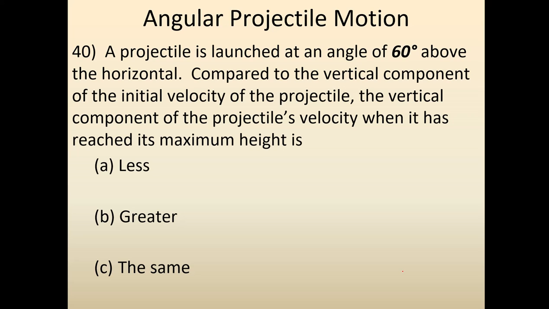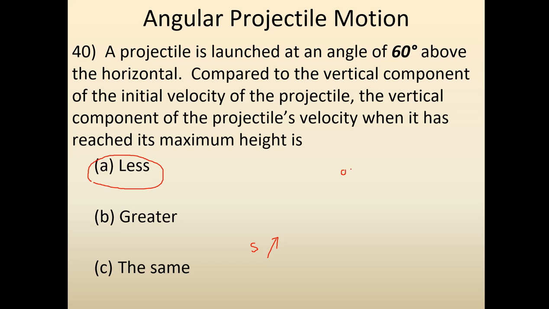All right. So here we have a projectile being launched. Compare the vertical component of the velocity when it reaches its max height to the vertical component of the initial velocity of the projectile. The answer is less, because the initial velocity, it doesn't matter what it was, is going to be some number, 5, let's say.